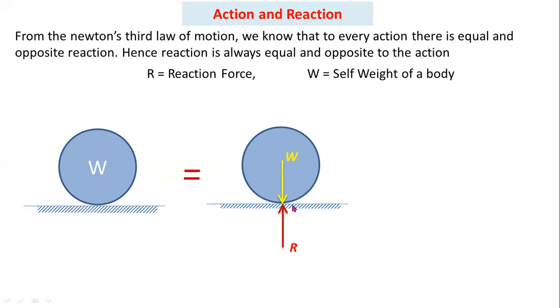Reaction force always makes an angle of 90 degrees with respect to the support. It is very important. So this is the free body diagram for this condition. For horizontal supports, you have to consider a vertical reaction.